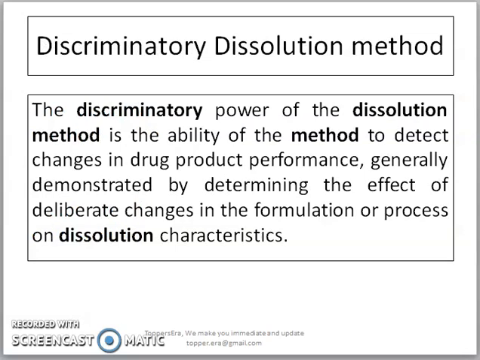For a QbD method, it is generally expected that it should be discriminatory. The discriminatory power of a dissolution method is the ability of the method to detect changes in the drug product performance, generally demonstrated by determining the effect of deliberate changes in the formulation or process on dissolution characteristics.